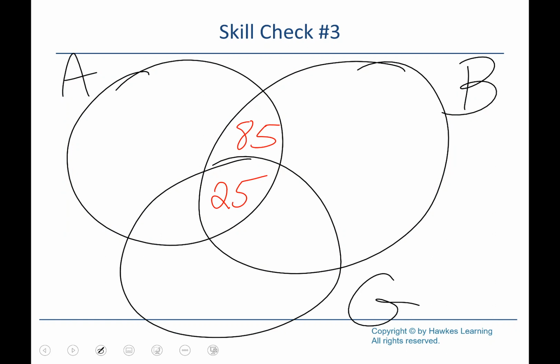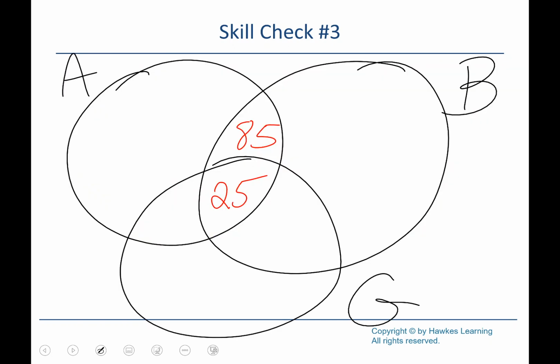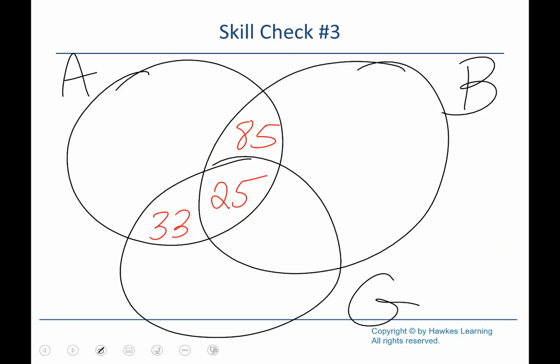Okay, so 58 minus the 25 that like all three gives us 33. That was that apples and grapes? Yeah. So 33 in there. Okay. And then the last one says 55 like bananas and grapes. So 55 minus 25. There's 30 in there.